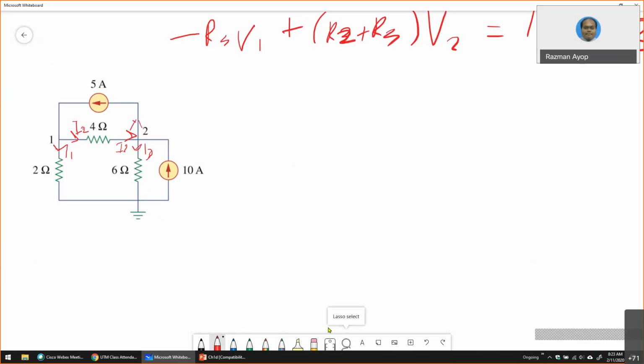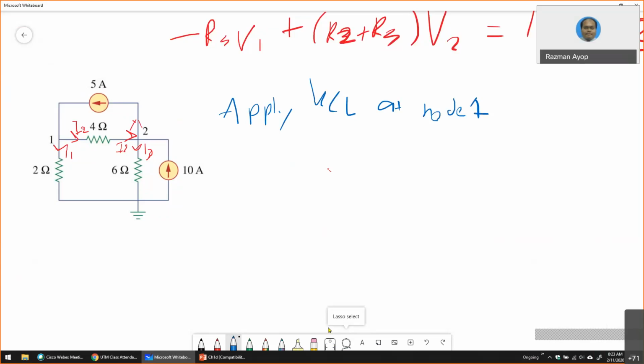Now after you assign the current direction, branch current, what to do first is apply KCL at node 1.